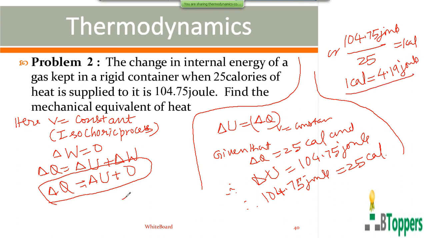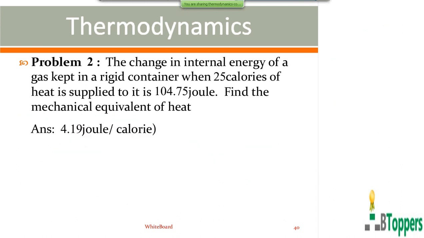So mechanical equivalent of heat can be written as 4.19 joule per calorie. That's the answer for the given problem. Those who want to copy the notes, please take a pause and finish copying the notes. So for problem 2, which I just discussed, the answer will be 4.19 joules per calorie.